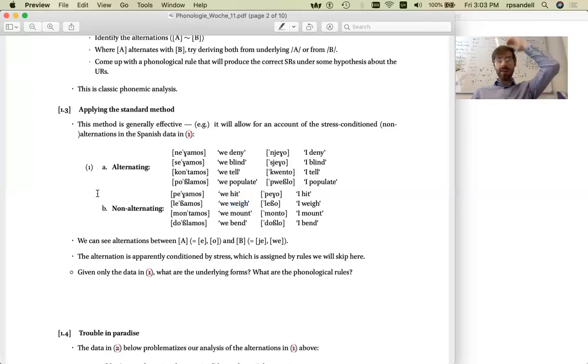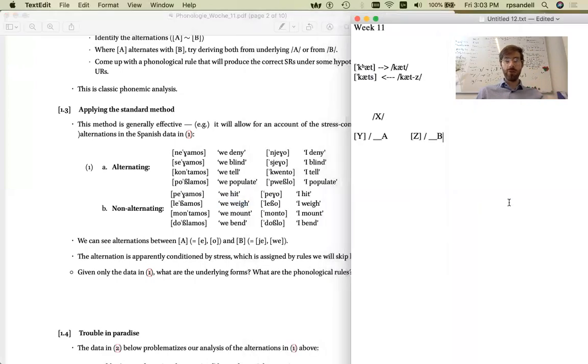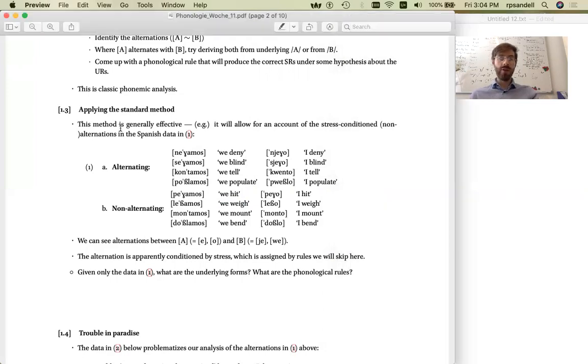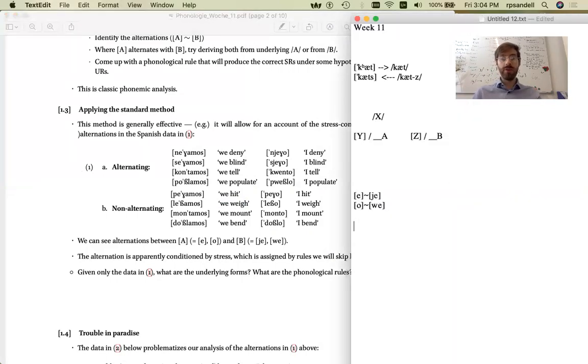So this immediately confronts us with a problem. On the one hand, we have a group of data that shows alternations between a, ye, and o, we. So if all of the data in Spanish behaved like the data in 1A, then it would be relatively straightforward to say, perhaps we have underlying a and o.